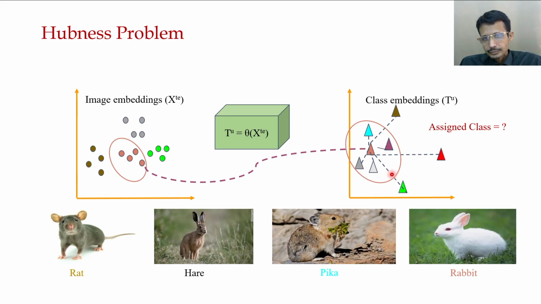You can see here these are the different image embeddings mapping to the class embeddings. Even if these are the actual classes, they have been misclassified within the hubs.